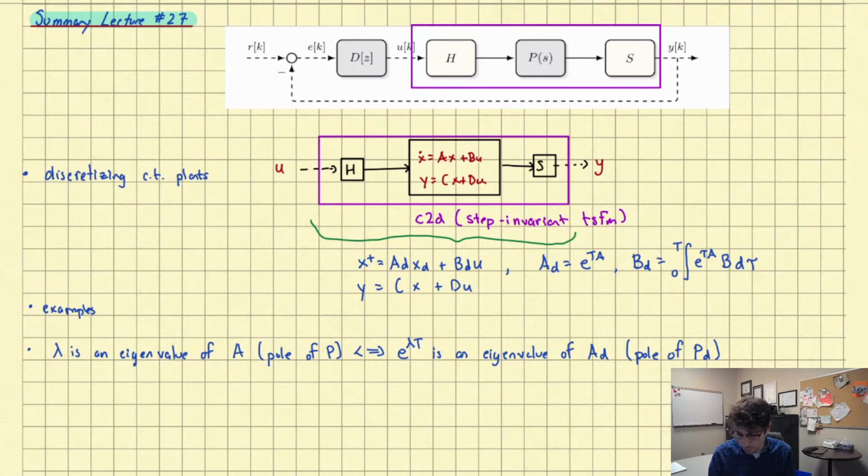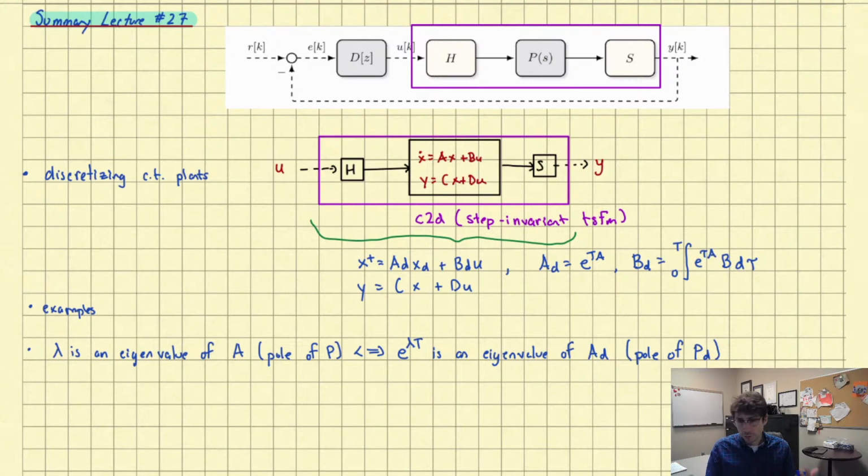What we showed was that if you have an eigenvalue lambda of the original A matrix, which you can think of as a pole of P of s, then you just take that eigenvalue, multiply it by capital T, the sampling period, and then exponentiate, and that number, in general complex, is an eigenvalue of the discretized system. So an eigenvalue of A_D, or if you prefer, a pole of the discretized plant transfer function.